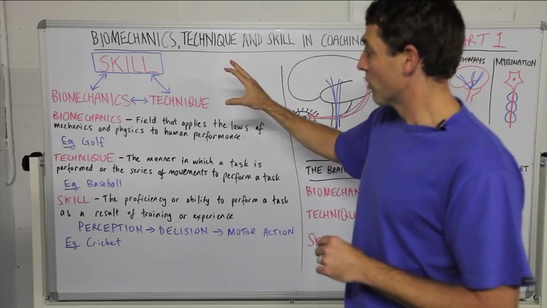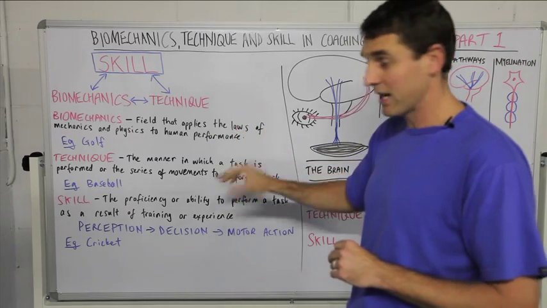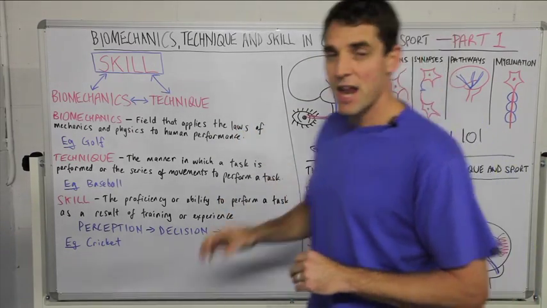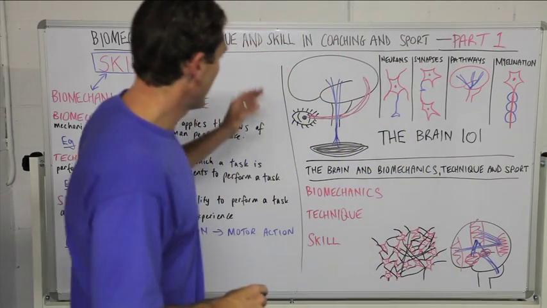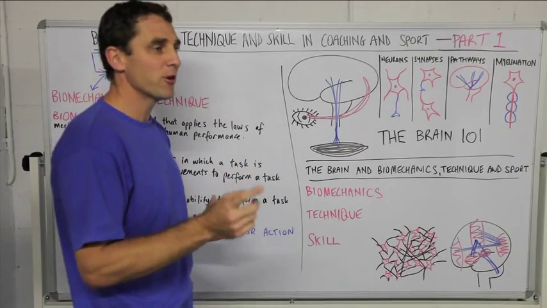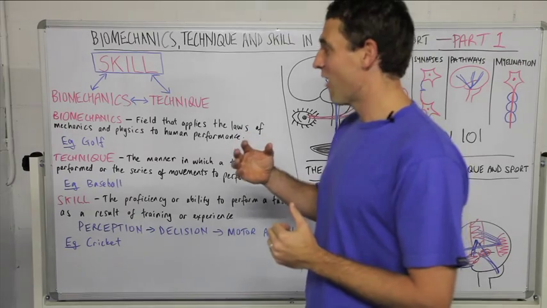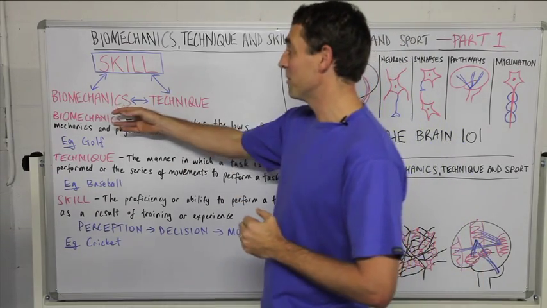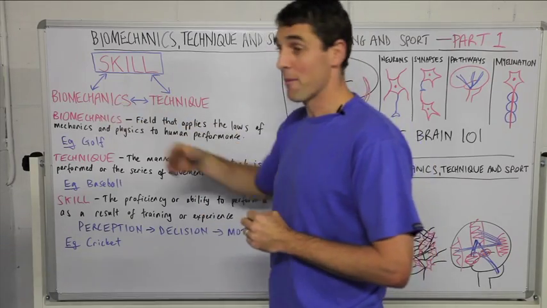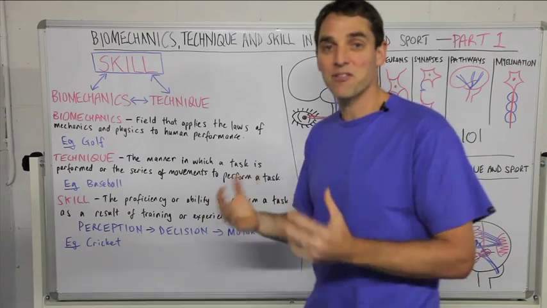Okay, so we've gone over a little bit of base information. What's biomechanics, what's technique, what's skill, and that skill's what we're really worried about. So now we're going to actually have a look at the brain. And you may have already started to realise that it's my belief that we probably spend a little bit too much time, energy, effort, and investment in biomechanics because we can measure it, and people love to be able to measure stuff.